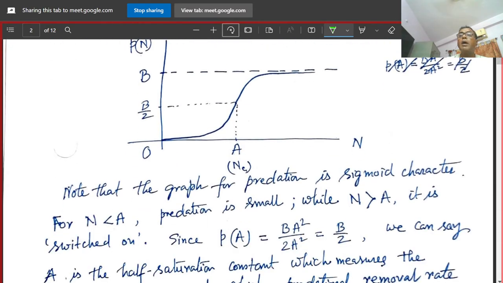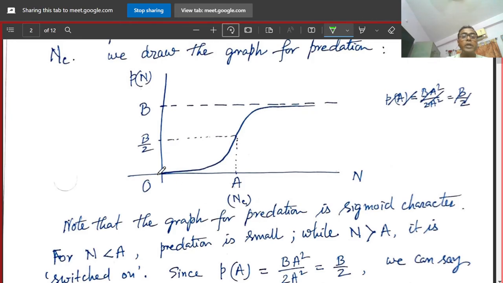Here the horizontal axis is the density of the budworm, and P(N) is the predation of the budworm by birds. As density increases, predation also increases.